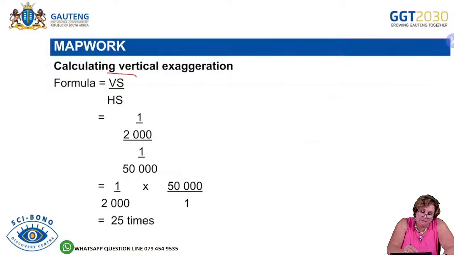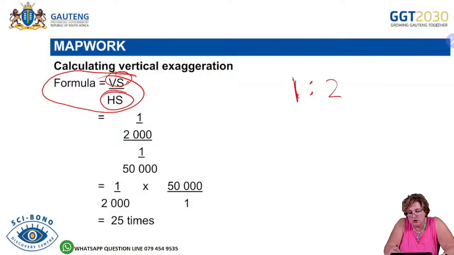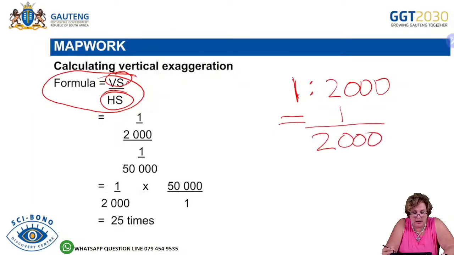Now what is the formula for vertical exaggeration? It's vertical scale divided by horizontal scale. VS stands for vertical scale, HS stands for horizontal scale. Now what you must always remember is that a ratio, if I write it 1 to 2,000, also means 1 over 2,000.